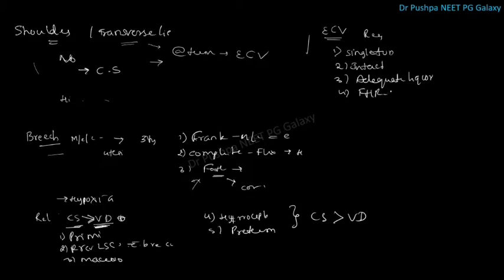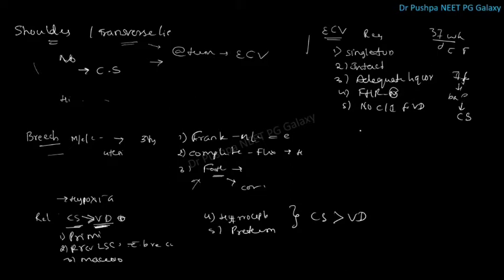Fetal heart rate should be normal, and there should be no contraindication for vaginal delivery. We can do external cephalic version at 37 weeks. It is done with continuous fetal monitoring under tocolytics. If there is fetal distress, we should reverse the baby to the original position and take for cesarean section.